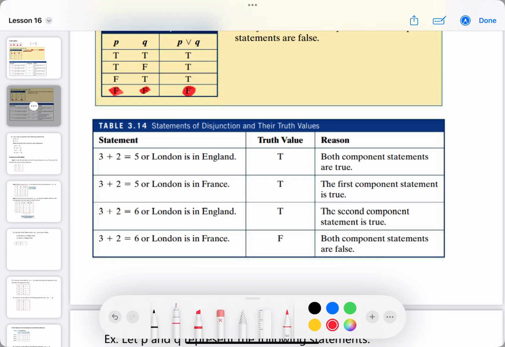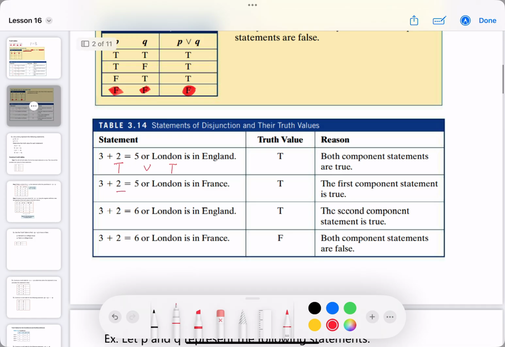This one: 3 plus 2 is equal to 5, yes, it is true. Or, that means disjunction. London is in England, yes, it is true. True or true, the statement is true. Second one: 3 plus 2 is equal to 5, true, or London is in France, false.